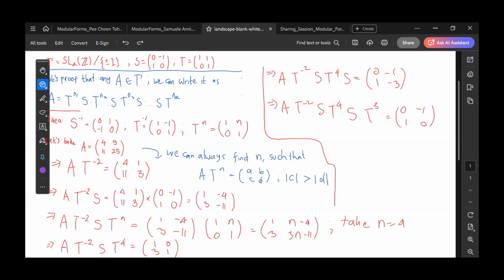As which we can see that this is S, right?